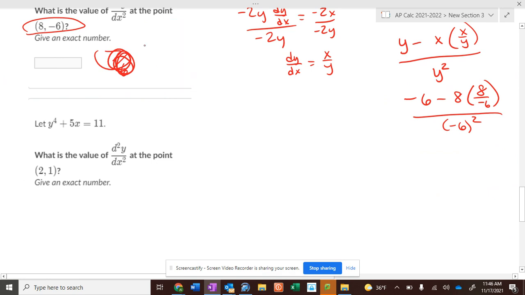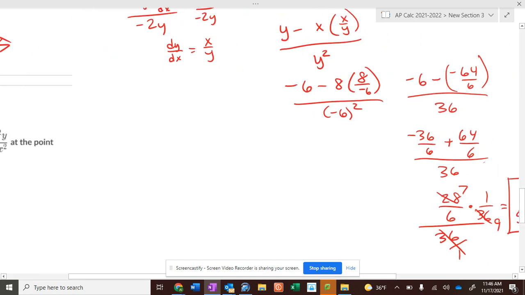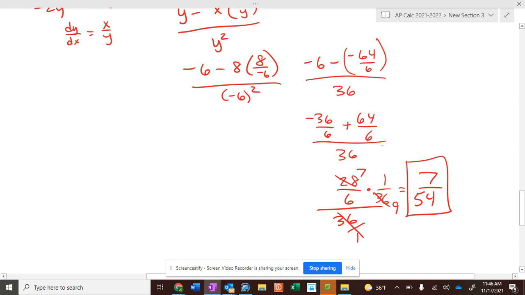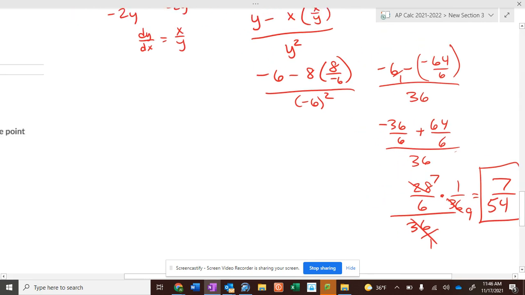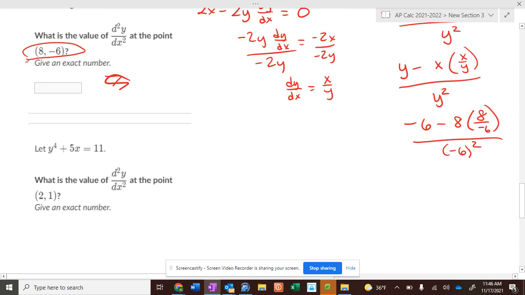Explain one more time where you got that negative 36 over 6. On the top, 6 is over 1. I got it, that's on me, guys. And that's the second derivative. This is the value of the second derivative at 8, negative 6.